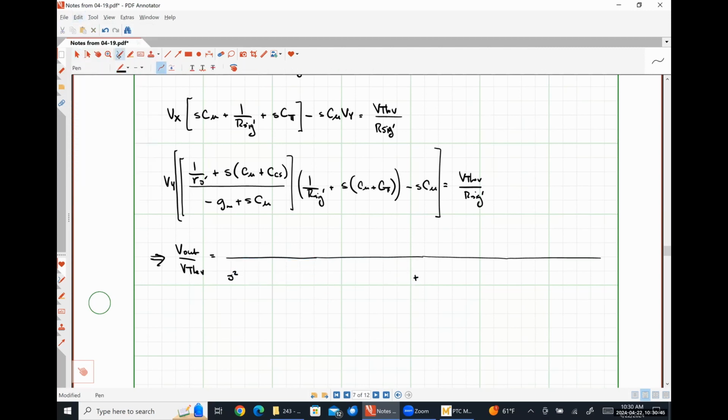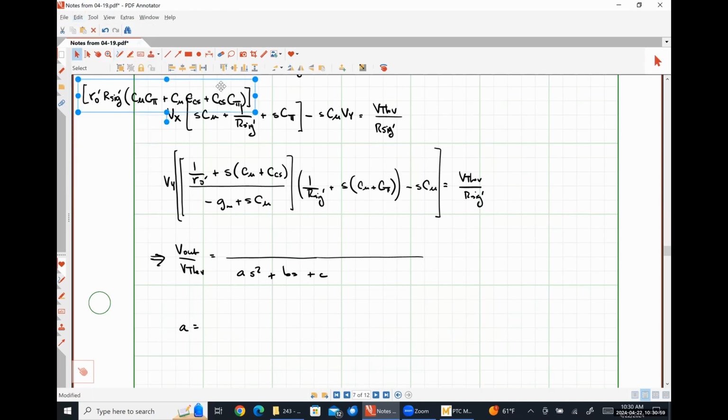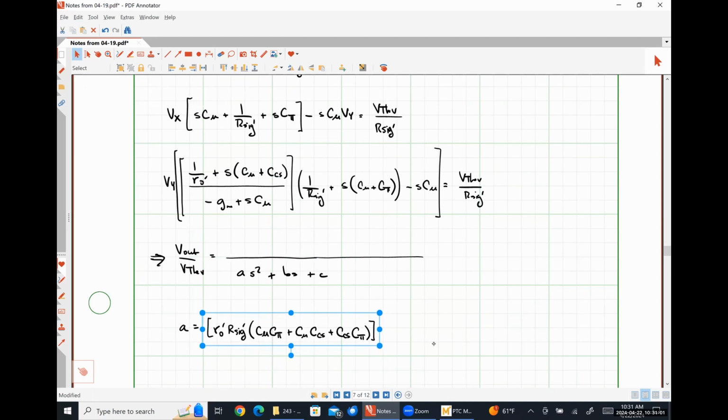Yep, A s squared plus B s plus C. Where A is equal to that thing.